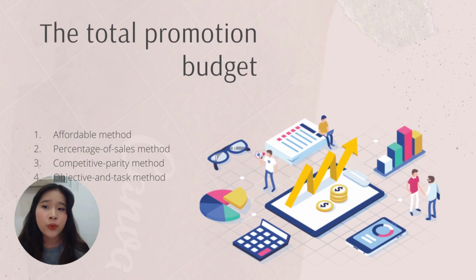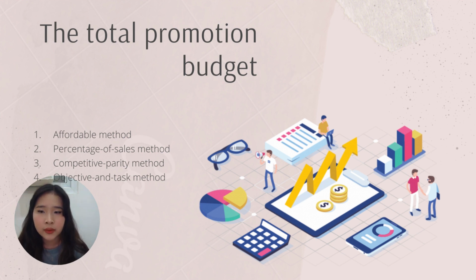When setting the total promotion budget, there are four common methods that can be used. First, the affordable method: setting the promotion budget at the level management thinks the company can afford. Next is the percentage of sales method: setting the promotion budget as a certain percentage of current or forecast sales, or as a percentage of the unit sale price.